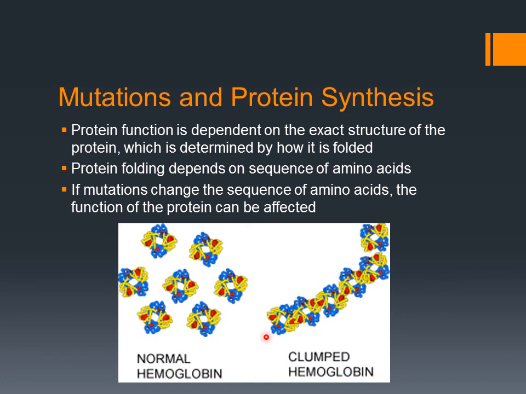And the protein's going to fold differently if you have that point mutation in the hemoglobin gene. And when the protein folds differently, instead of the hemoglobin molecules being able to move freely, they clump up together. And that changes the actual shape of the red blood cells, and it affects the way that the red blood cells can carry oxygen and the way that they move through our bloodstream.